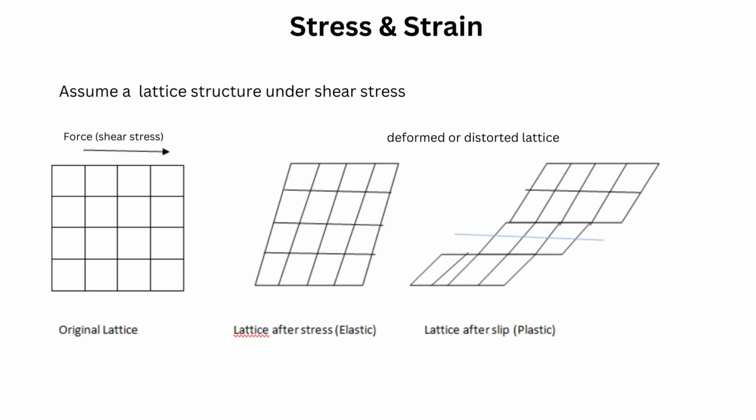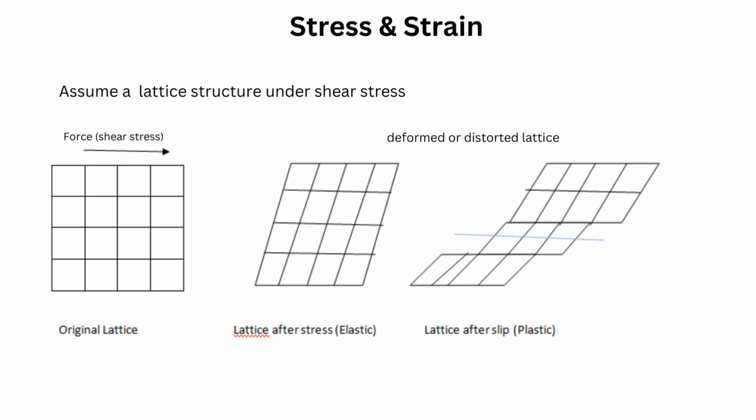Assume a lattice structure under shear stress. You can see the original lattice, and after stress there is a deformation of the lattice. The first diagram shows elastic deformation, and the second, deformed one is slip, which is plastic deformation. From the diagram you can see the original lattice deformed into another, distorted lattice.